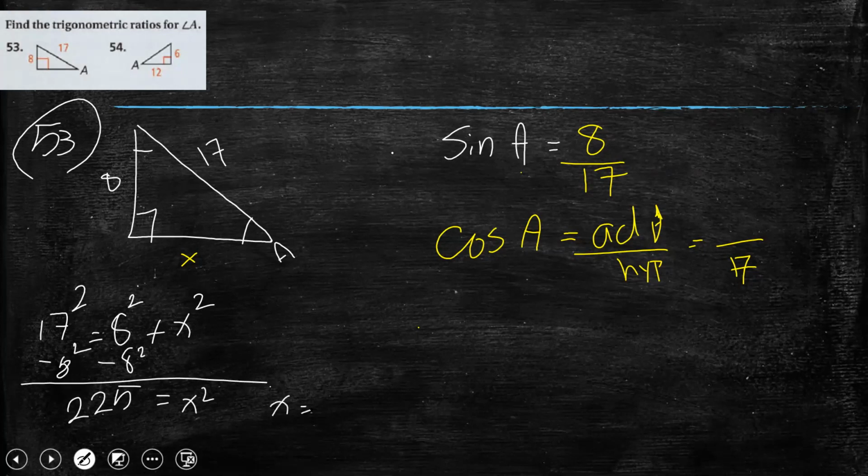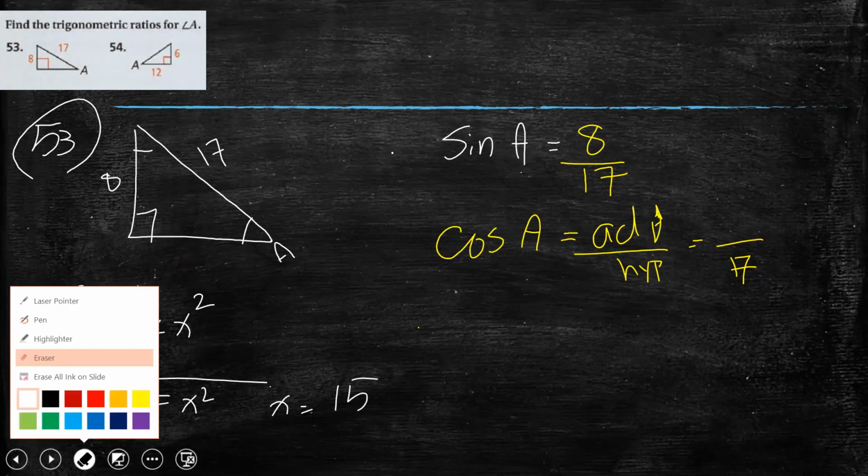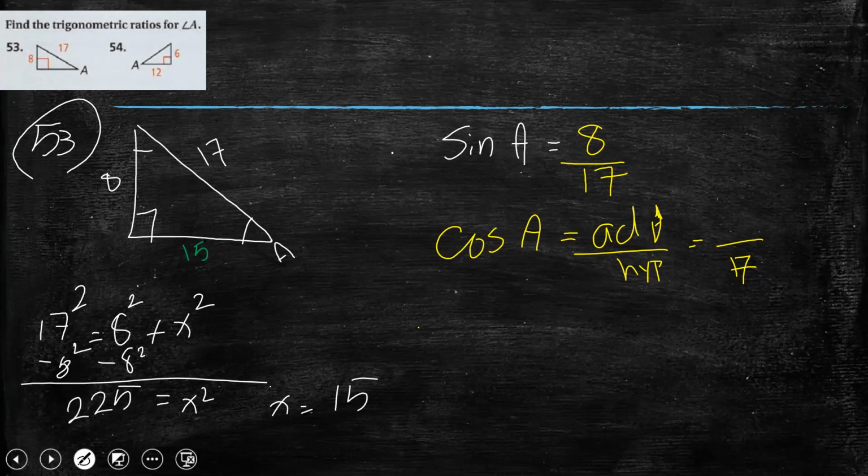So x will be the square root of 225, which is 15. So this is now the adjacent, 15.